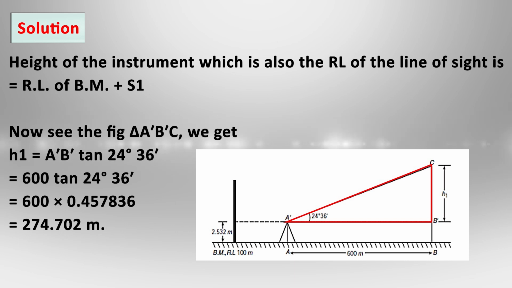So we need to calculate H1. From the figure triangle A'B'C, we get H1 is equal to A'B' tan alpha, or tan of 24 degree 36 minutes. We'll cross multiply it and solve it. We get H1 is equal to 274.702 meters.